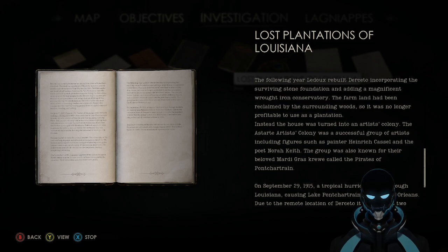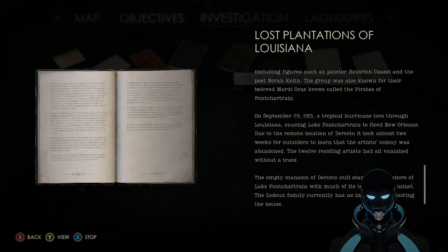Instead, the house was turned into an artist's colony. The Astarte Artist Colony was a successful group of artists, including figures such as painter Heinrich Cassel and poet Nora Keith. The group was also known for their beloved Mardi Gras crew called the Pirates of Pontchartrain. On September 29, 1915, a tropical hurricane tore through Louisiana, causing Lake Pontchartrain to flood New Orleans.